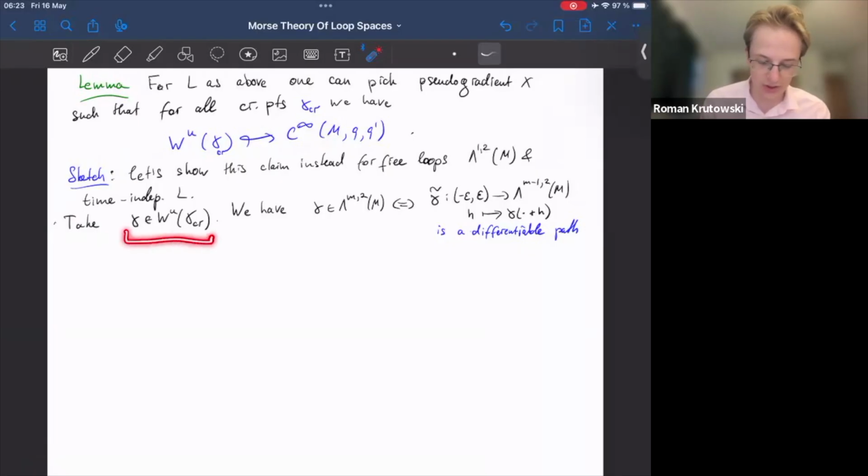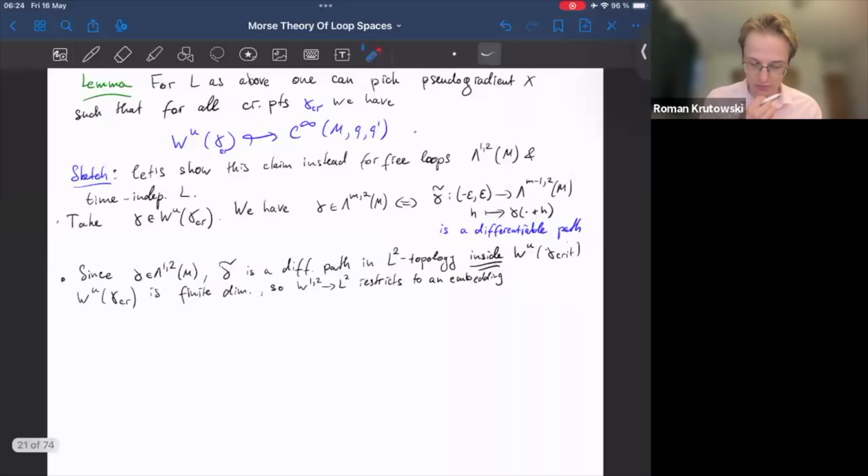So assume we have some gamma in the unstable manifold of some critical point. Then gamma is in lambda M2 whenever the path which is obtained by translations is differentiable in lambda M minus 1, 2. So let's start with some path in the unstable manifold which sits in lambda 1, 2.